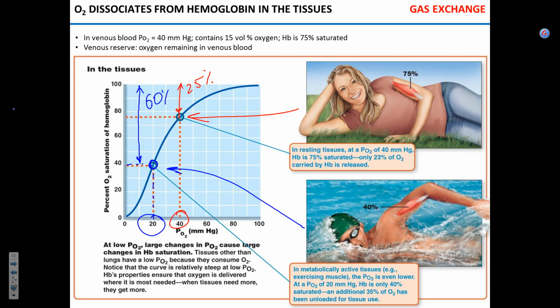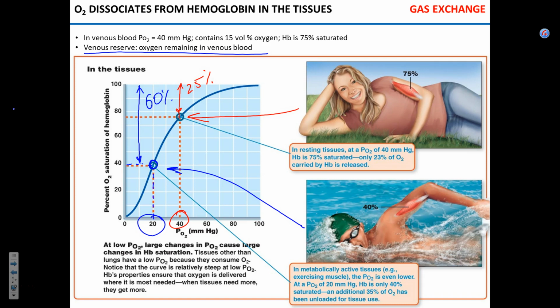So, because of this venous reserve, this guy still is capable of delivering all necessary oxygen to the active tissues without dramatically increasing his respiratory rate. Does it make sense? Just because the unloading in the oxygen-deprived tissues increases. Am I clear?